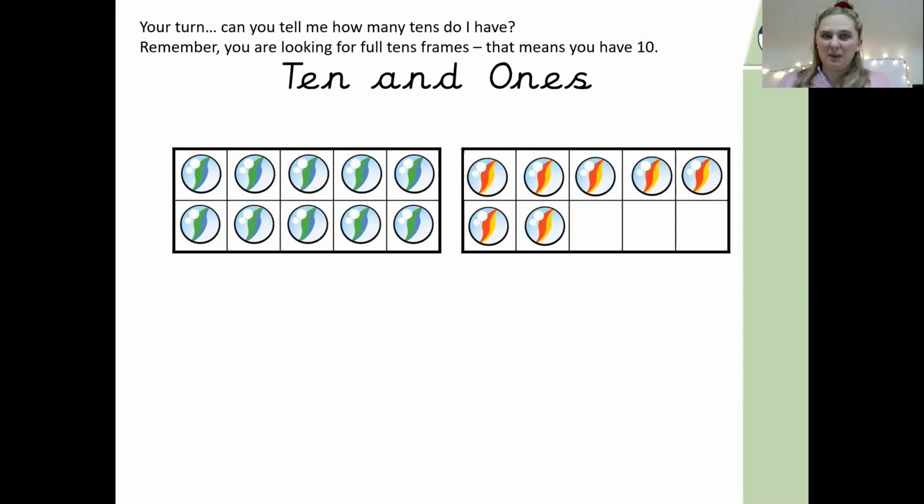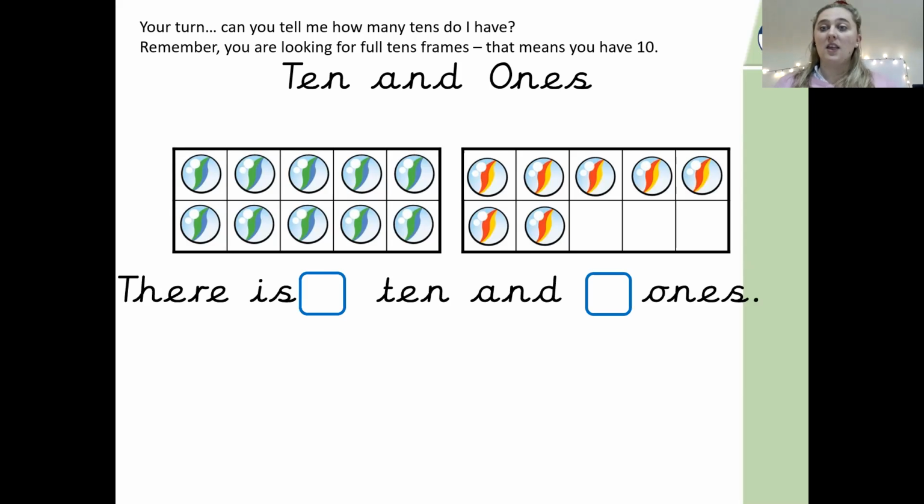Okay, your turn. Can you tell me how many tens do I have in this picture? There's 1 ten. Well done if you got it. How many ones do I have? You have to count them. They're just there, look. 1, 2, 3, 4, 5, 6, 7.